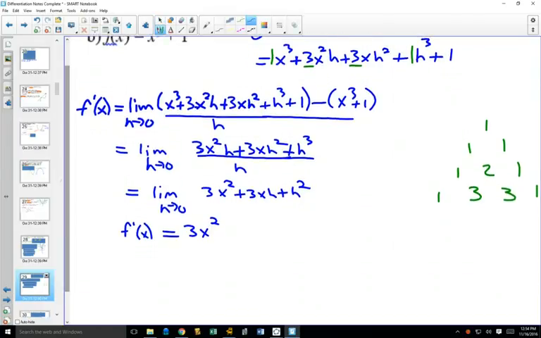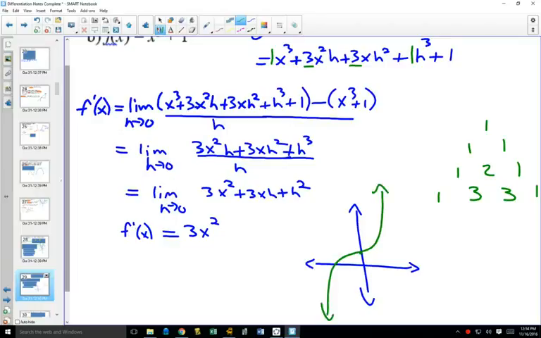Again, at this point, it's really important to keep thinking about what does this mean? If I drew the graph of x cubed plus 1, transformations, you would know that that's your x cubed graph, just moved up 1. I can now pick any point on that x cubed graph. So for example, I could choose 1, 2.